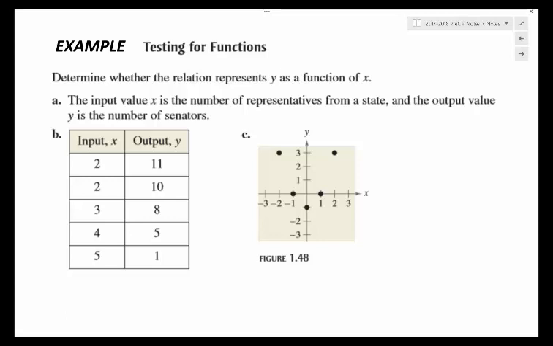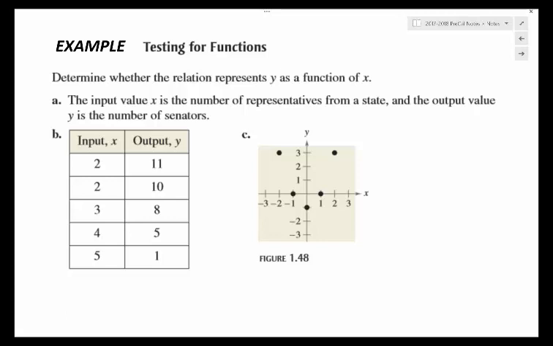You have to think of, in a function, something is independent, something is dependent. If you're talking about the United States Congress, the example here, the representatives for a state is based on the population.